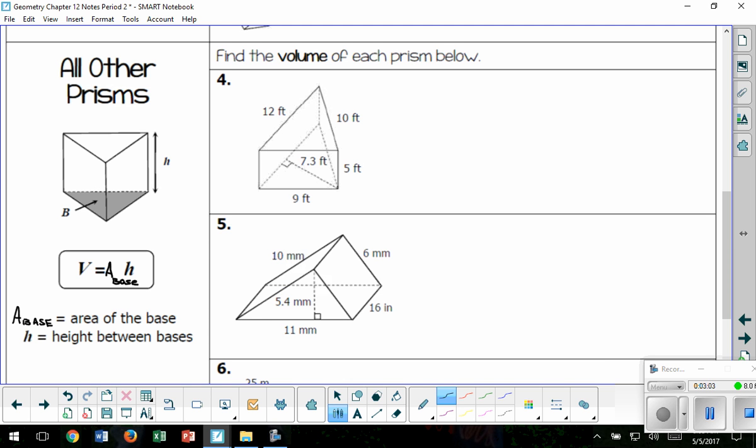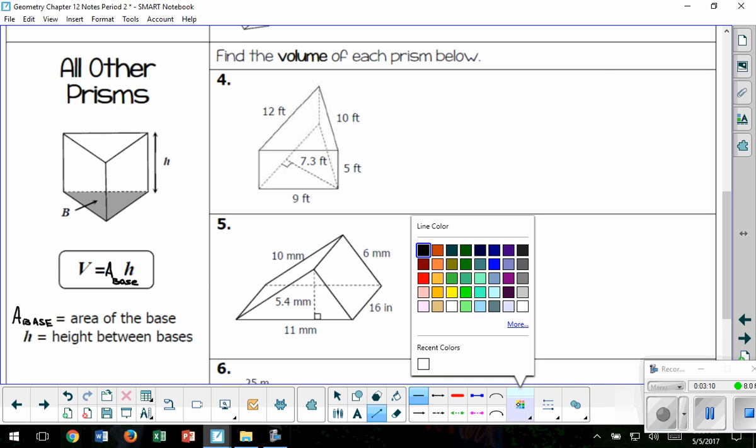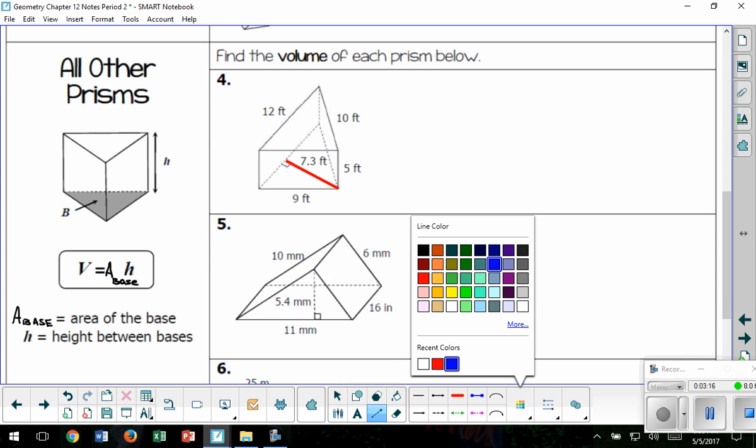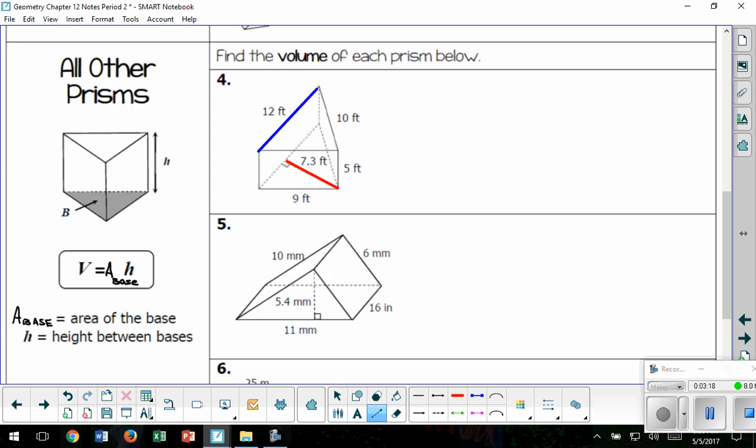So for number 4, this right here is the height of the face. This 12 is the same down here, which is the height of the base of the triangle.